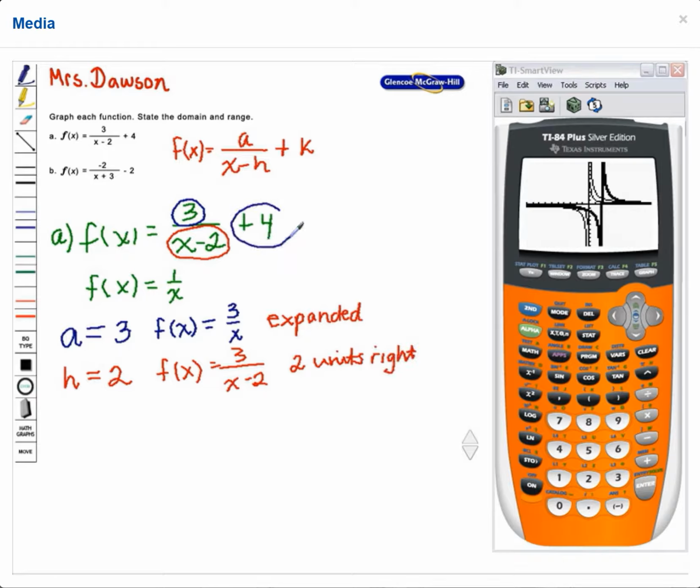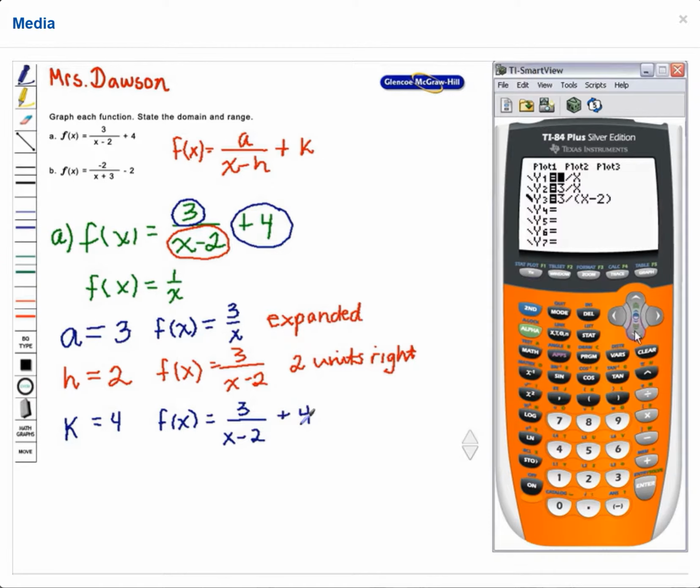The next value will be the k. K is equal to 4. So now we have the function which was given, f of x equals 3 divided by x minus 2 plus 4. So we'll take y3 and make it normal.